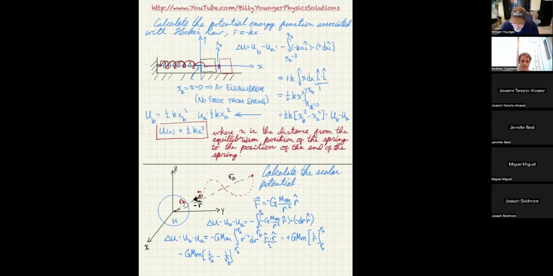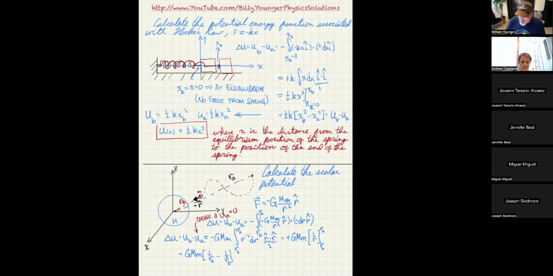So what position RA, how far away should we make that to make the potential energy equal 0? Anybody have an idea? Anyone?